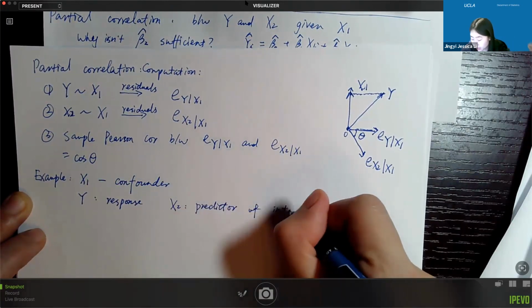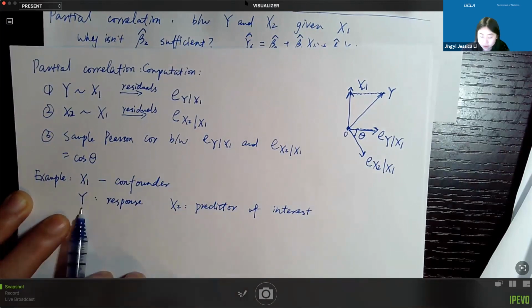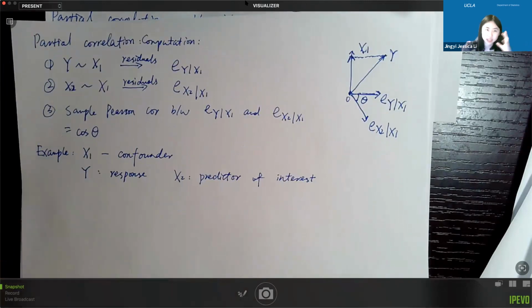So you're very interested in how x2 can affect y, right? Usually you are doing this in a causal inference setting kind of, but you are not given causal data. The data is just observational data, so you do not know who caused what. It could be y causes x2 or x2 causes y. But no matter what, the association you are interested in is still just between those two, and you don't want this association to be driven by a confounder.